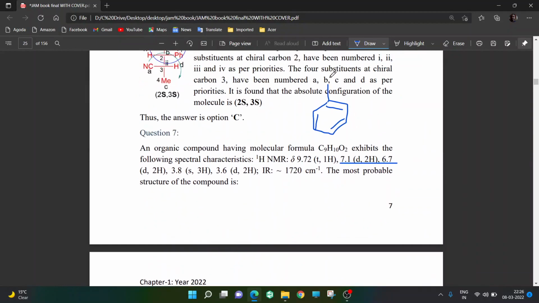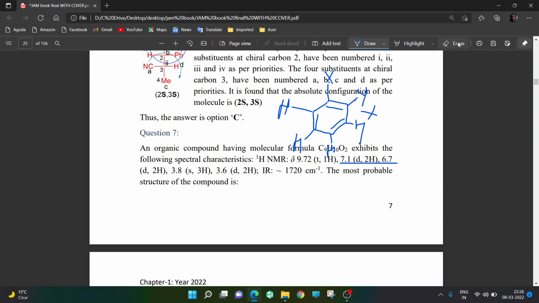So if the substituents X and Y are in ortho position to each other, then how many peaks will there be? See, this hydrogen and this hydrogen are different very clearly. Even this hydrogen is different from all others, and this hydrogen is also very different from all others, because this hydrogen is 1 bond away from X, whereas it is 2 bonds away from Y. Similarly, so it should give 4 peaks. So it is definitely not the ortho disubstituted product.